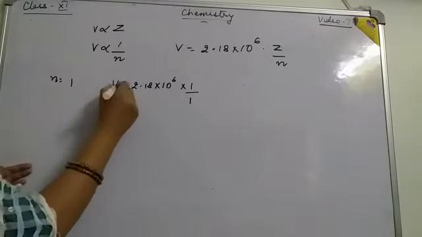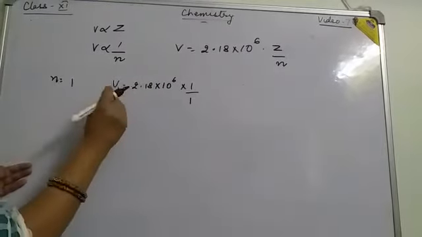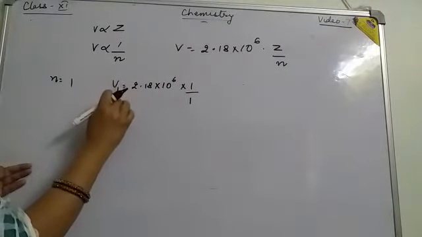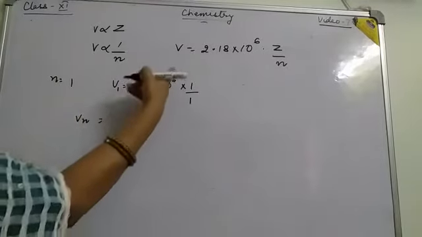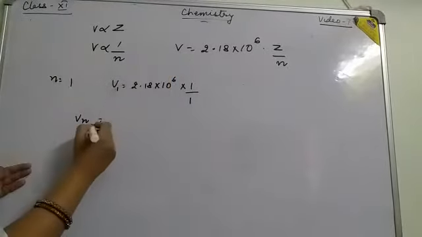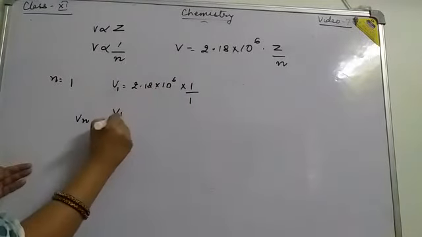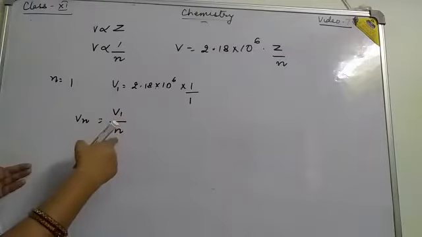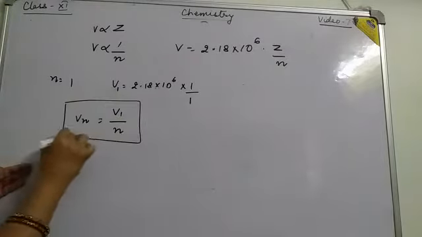So V1 is equal to 2.18 into 10 to the power of 6. We can use this V1 value for Vn: Vn is equal to V1 by n. For different shells we can calculate velocity by this equation.